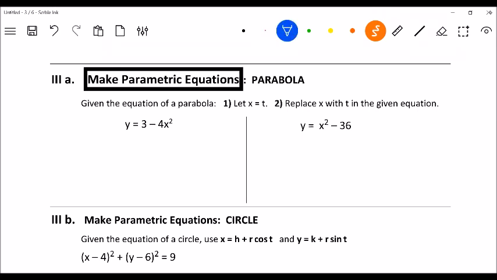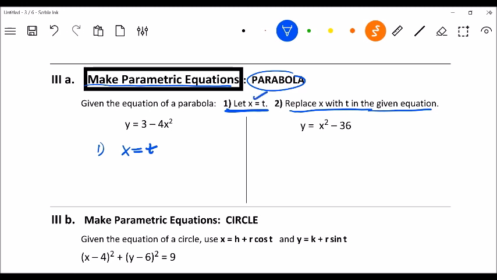So to make parametric equations for a parabola, you simply let x equals t. That right there is one of your equations. Then in the function you're given, you replace x with t in the given equation. So first for this one, x equals t, I just did that.